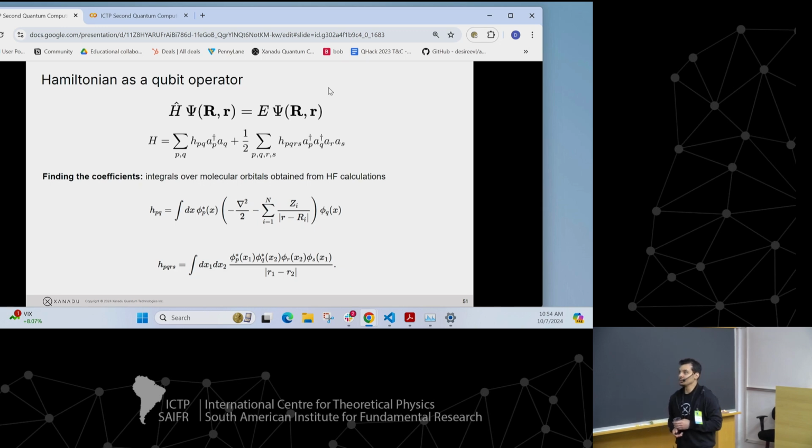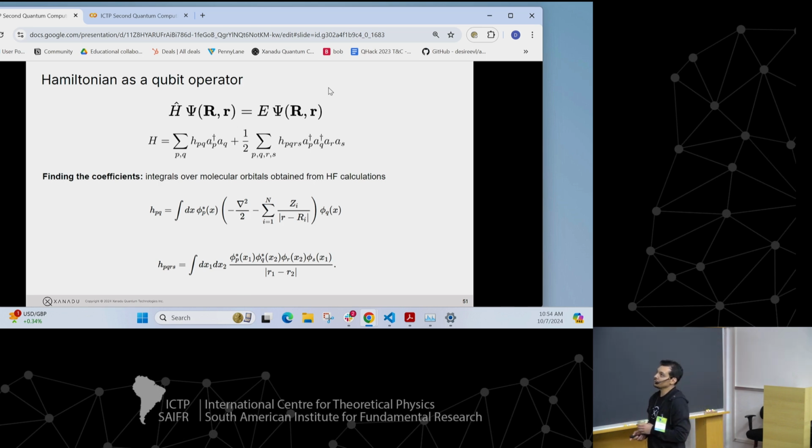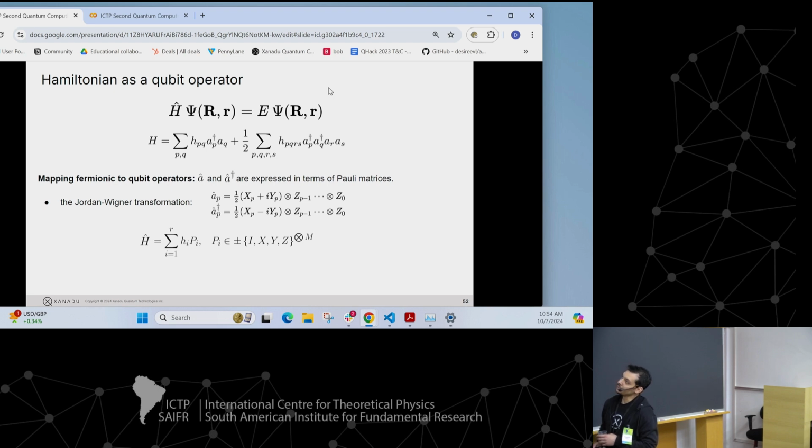In practice, what you do to find these coefficients is compute these integrals. These phi's would be, for example, your Hartree-Fock state. And if you were to do this by hand, for the simplest molecule, the H2 molecule, you would also need to map your creation and annihilation operators.